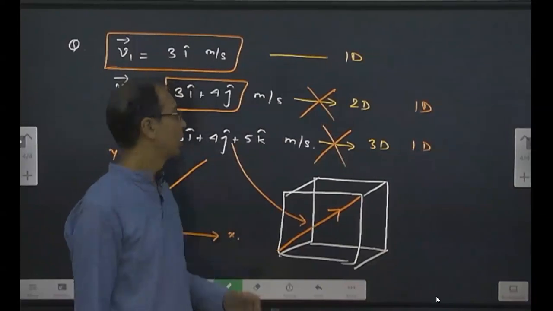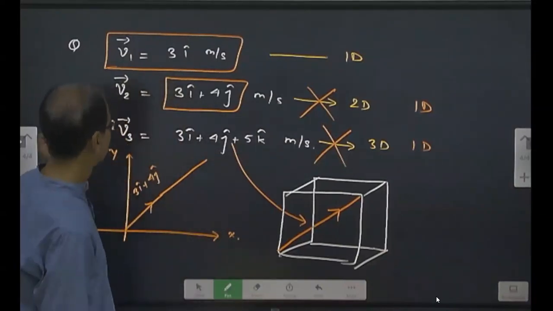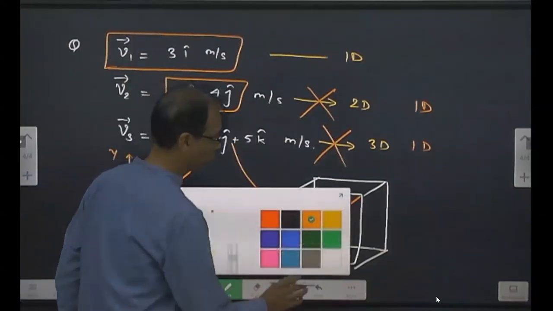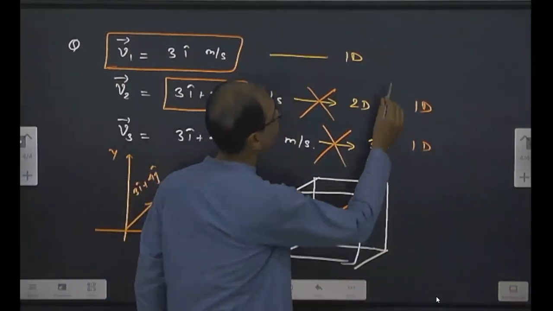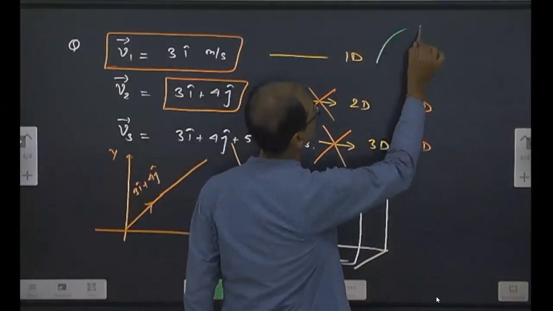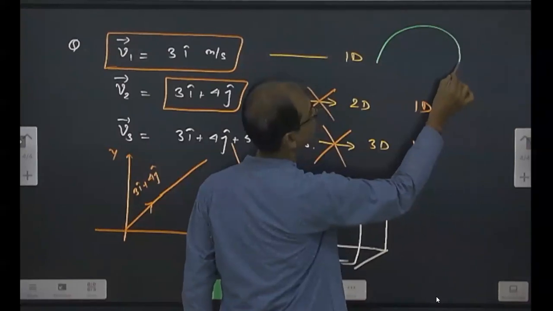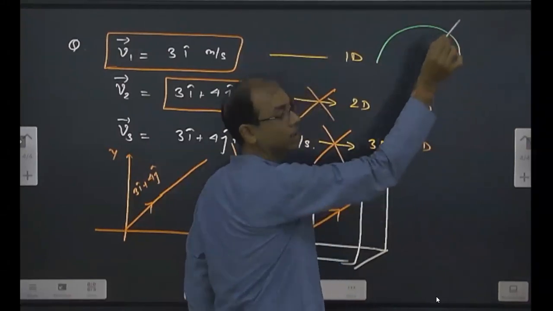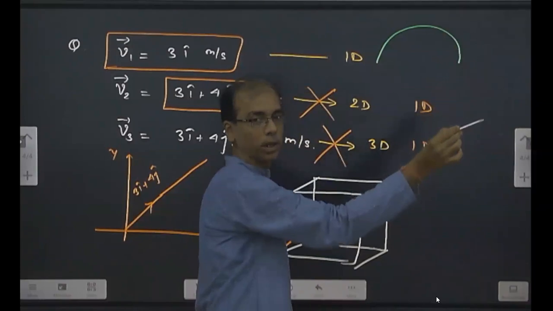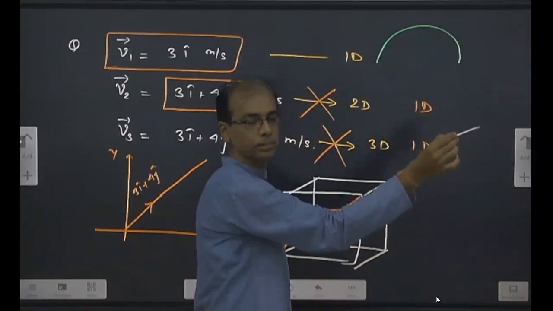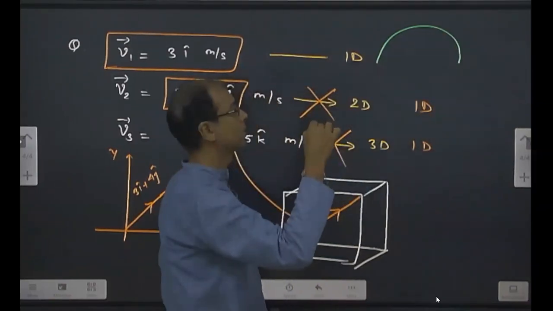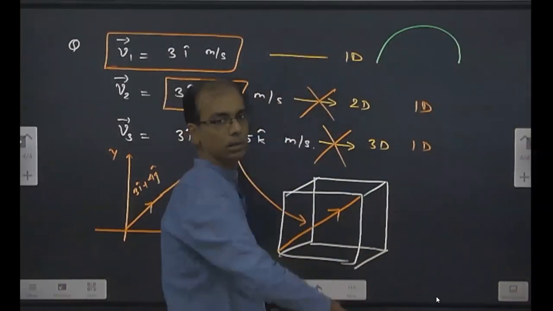Suppose you are moving like this. So this is 2D. From here you change the plane and come out into this plane. Then you go in like this, then again go back into this plane. That's 3D.